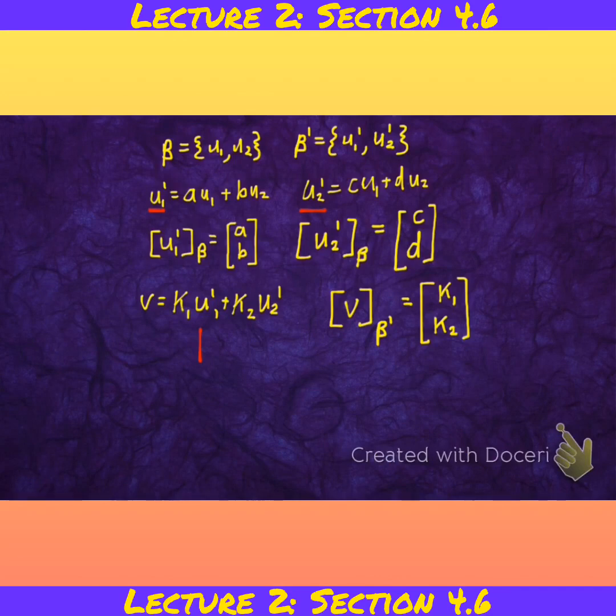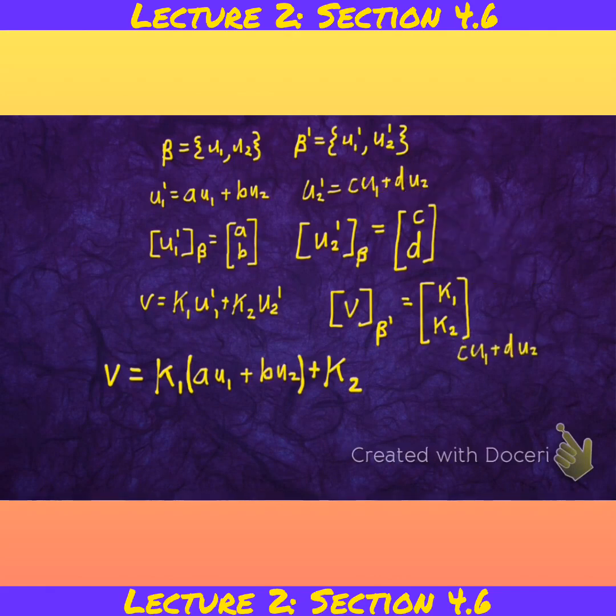So we're going to substitute it in there, and substitute it in there. We take v and do that substitution, and then we take the second one and plug it in there.